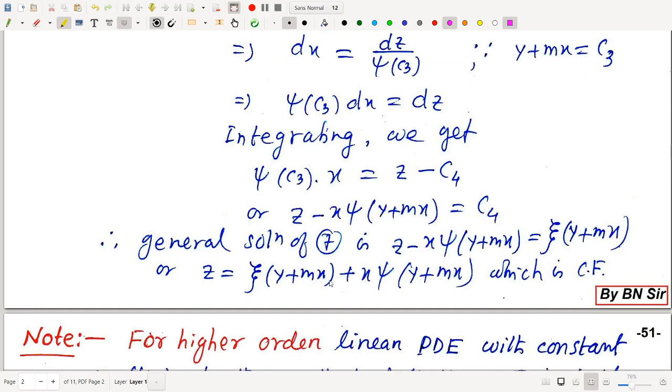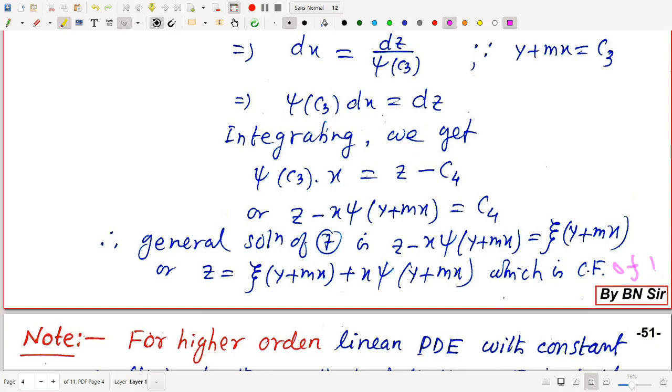So when two roots of the auxiliary equation are equal, the general solution of number 2, when the right side is 0, is z equal to xi of y plus mx plus x into psi of y plus mx, a different function, with only one x here. Actually this is the CF of the original PDE number 1, which we started with.